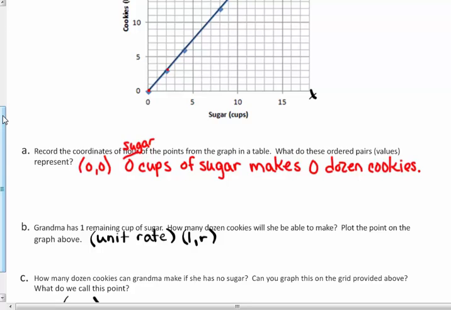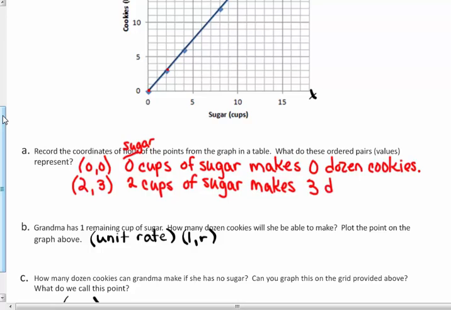Well, the next point on this graph, go over 2, so that's the x value 2 and the y value 3. So the ordered pair or the coordinates is 2, 3. So 2 cups of sugar makes 3 dozen cookies.